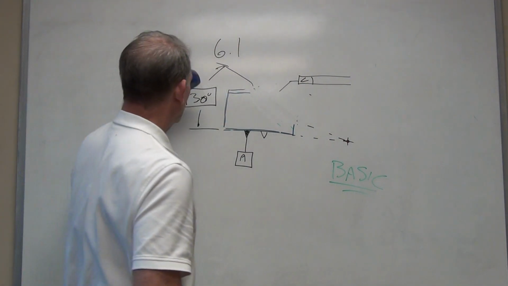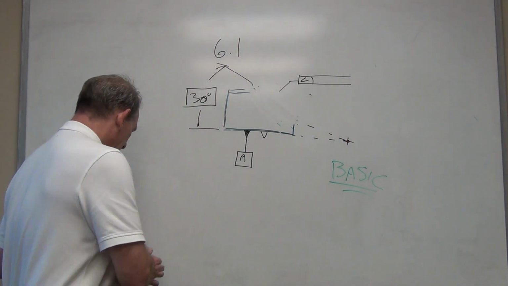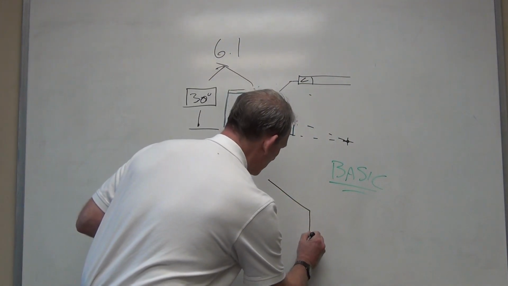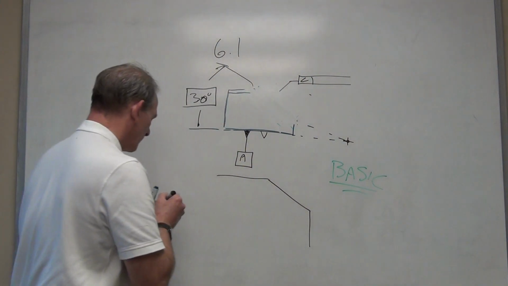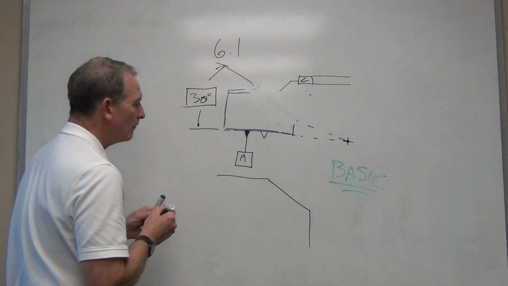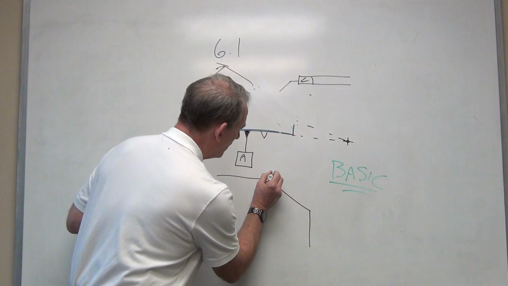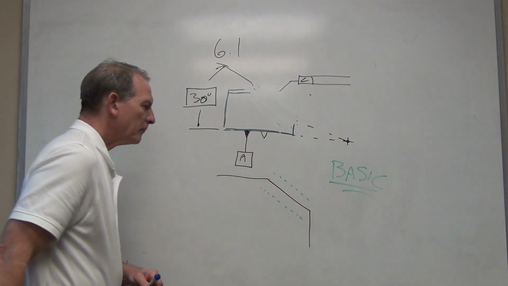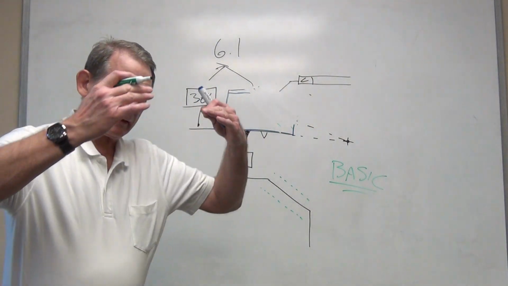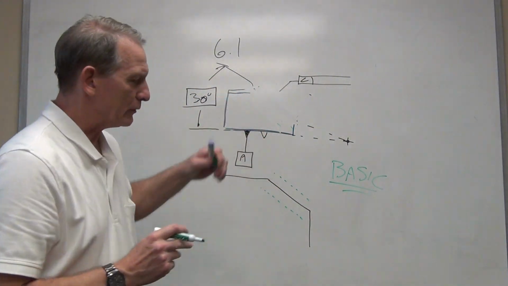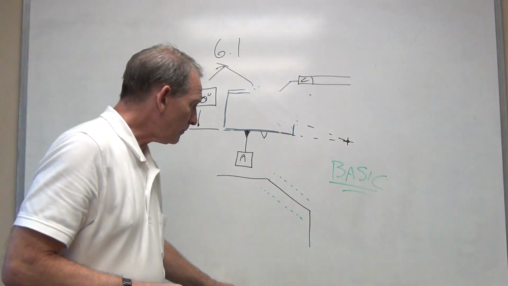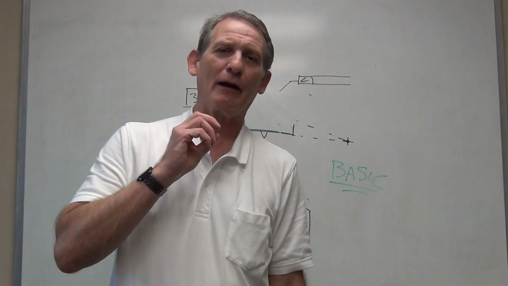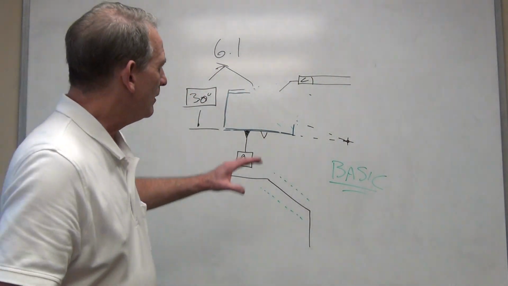I'm going to actually, let me draw this up a little bit larger. Once that tolerance zone drifts down to where the actual feature is, now we've got another issue that we want to be careful about and mindful of.